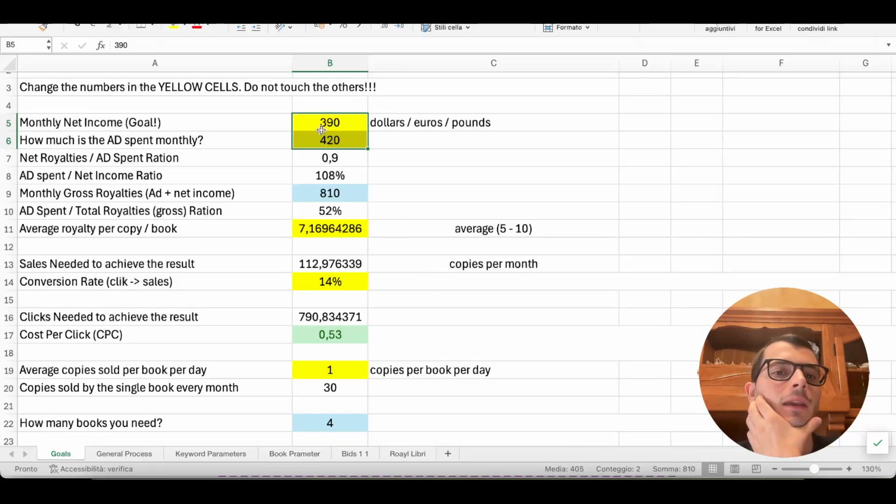So the idea is this. Imagine when you want to sell a book, you ask yourself first, how much do I want to generate with this book?